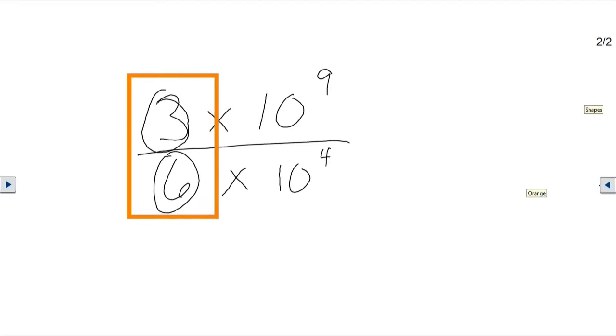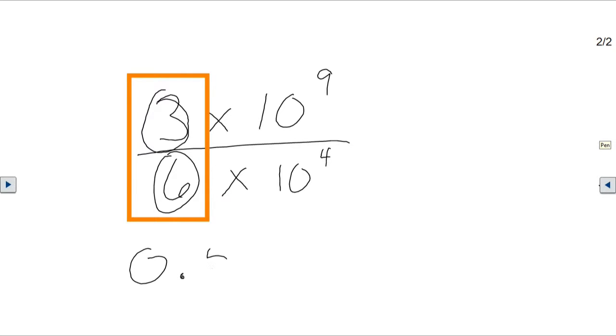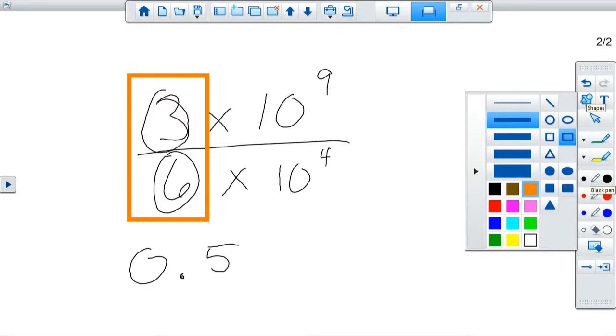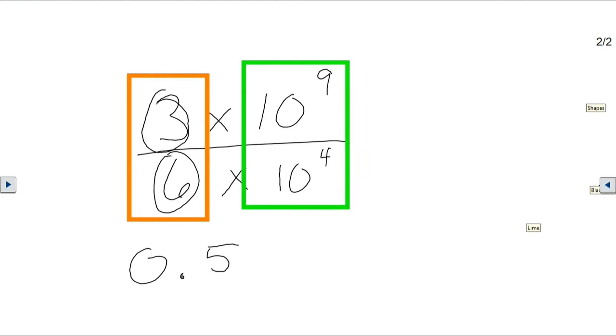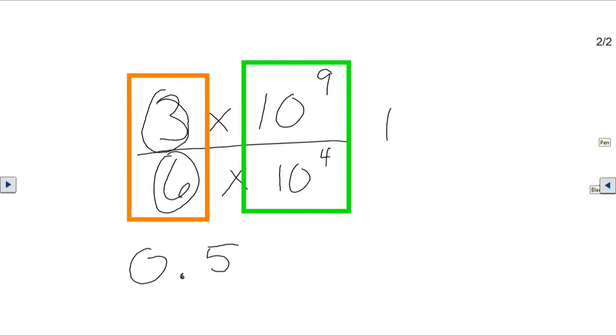Again, I want to deal with those front numbers first. 3 divided by 6 as a decimal is 0.5. After that I want to focus on those powers of 10, 10 to the 9th divided by 10 to the 4th. Again, we subtract those exponents, and we get 10 to the 5th power.